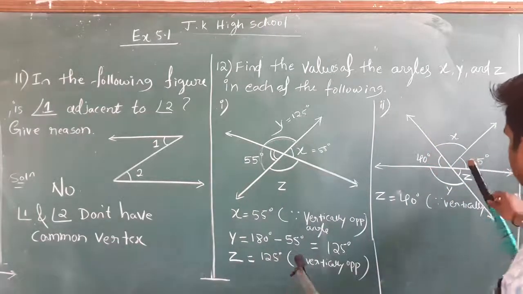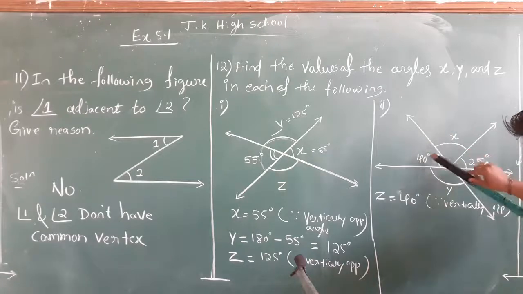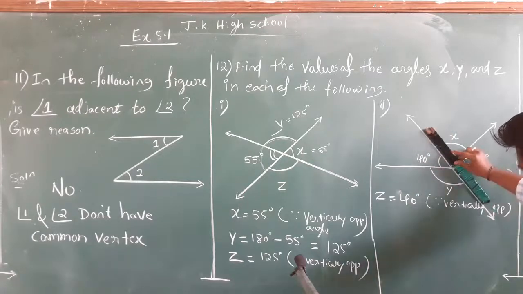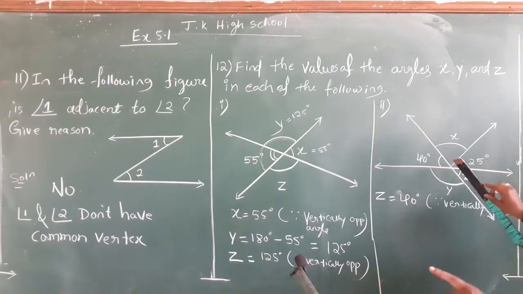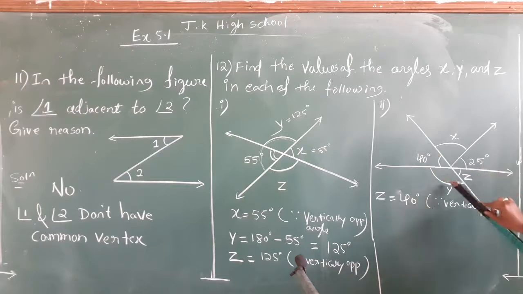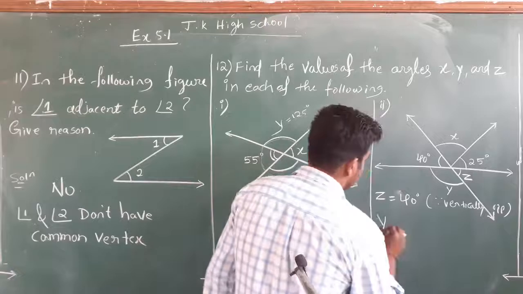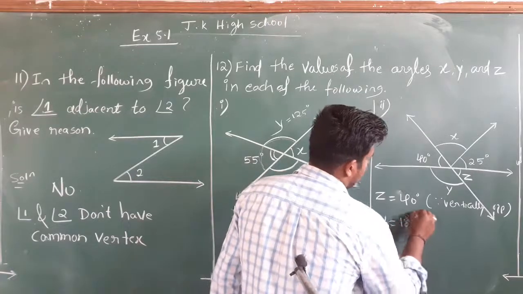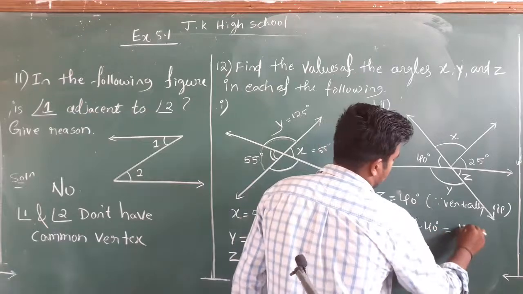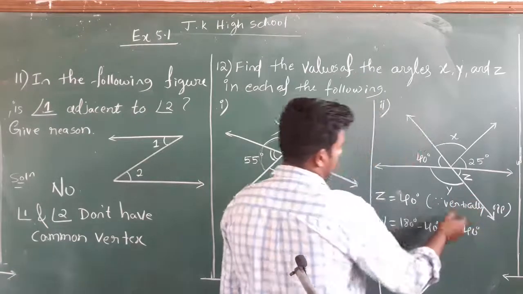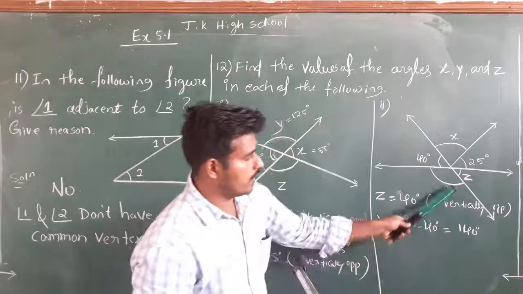Once you get z, you can observe this 40 and y are completely made on a straight line. So you know a straight line is always how much? It's 180. So already 40 degree is covered. So how much should y cover? Y is equal to 180 degree minus 40 degree, which is equal to 140 degree. So I got y. Y is how much? 140 degree.